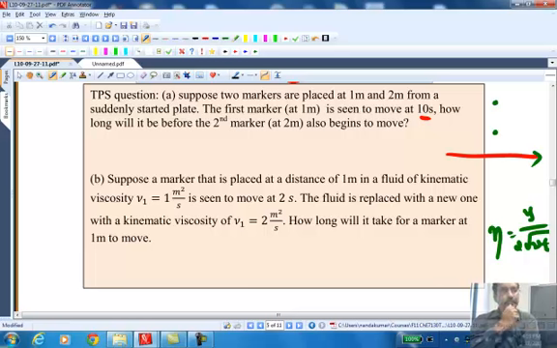Forty. 20? 40? Okay. Did everybody make an attempt yet? We can discuss.